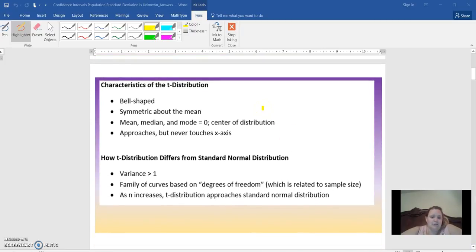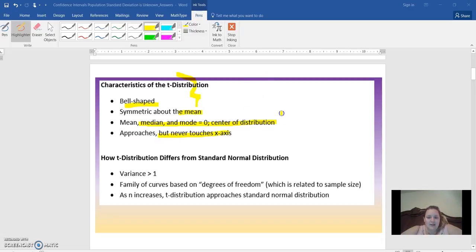All right, so the T distribution versus before when we did the Z distribution: they're similar. It's bell-shaped, symmetric about the mean. The mean, median, and mode are 0, the center of the distribution. It approaches but never touches the x-axis.